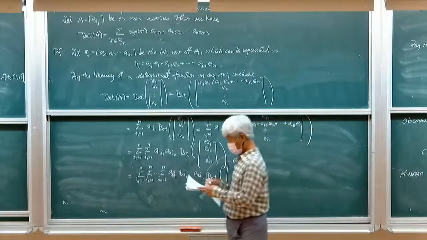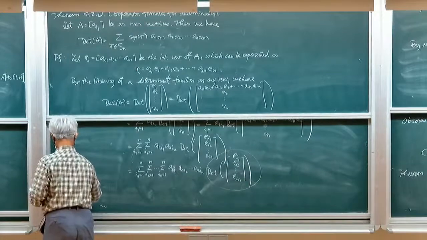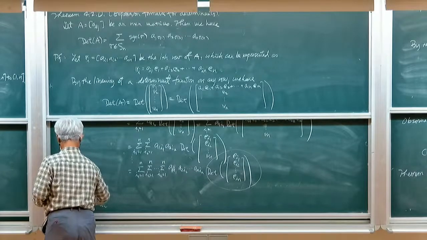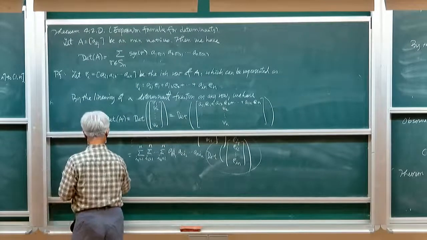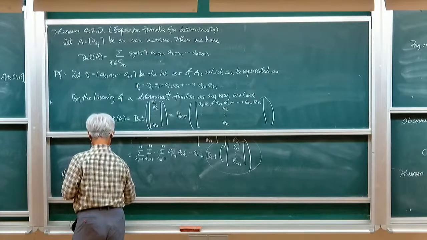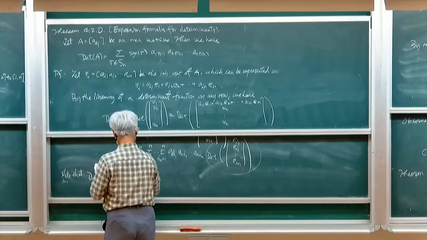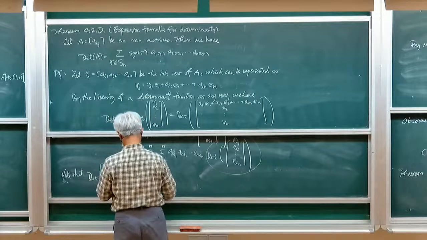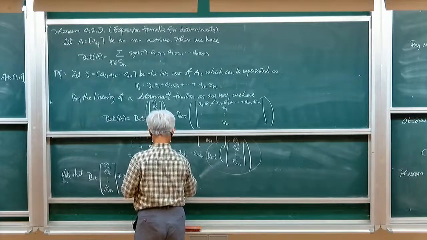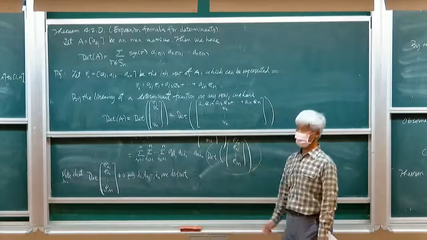All right, so we know that the determinant of e,i1, e,i2 up to e,in is not equal to 0 if and only if i1, i2 up to in are distinct. If they are distinct, then the determinant is non-zero.